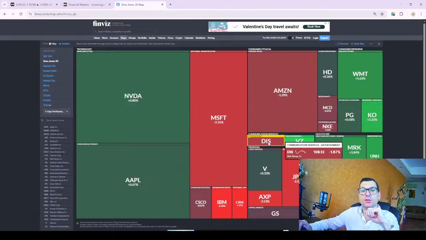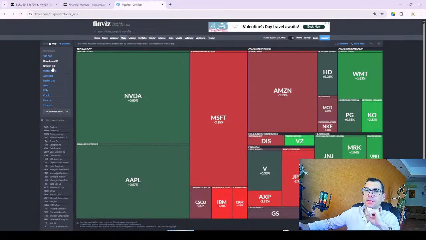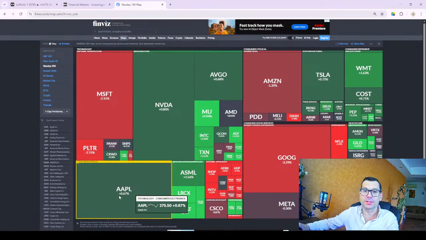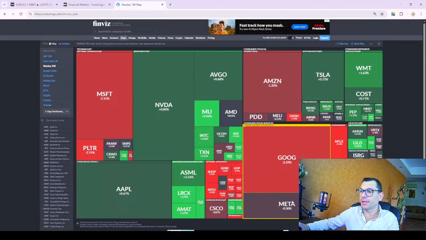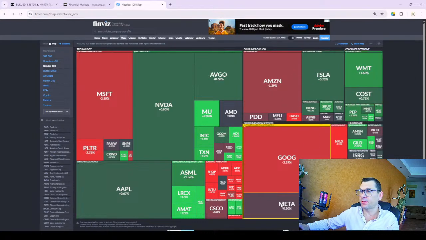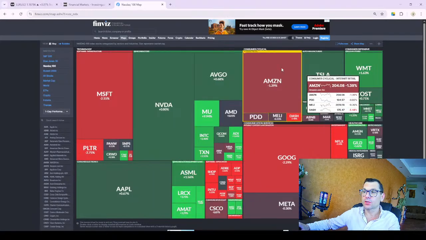You see the 30 biggest companies in the US inside that index. And then NASDAQ 100. See, this is the 100 biggest high-tech companies. Like we said, NVIDIA, Microsoft, Apple, Amazon, Google, Tesla, Walmart again, Meta, and so on. So you can see all of it here.